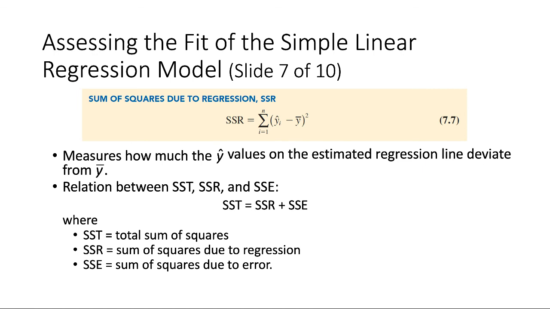To measure how much the predicted y values on the estimated regression line deviate from the mean of y, another sum of squares is computed. This sum of squares is called the sum of squares due to regression, denoted by SSR. SSR is equal to SST minus SSE. In other words, SSR plus SSE equals SST. That is to say, the sum of squares due to regression plus the sum of squares due to error should equal the total sum of squares.